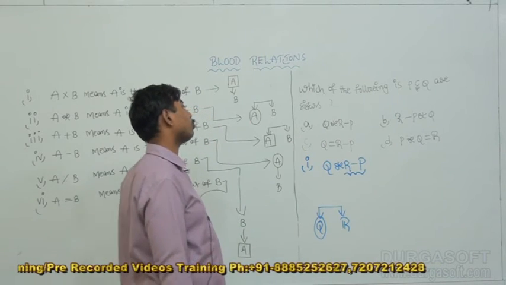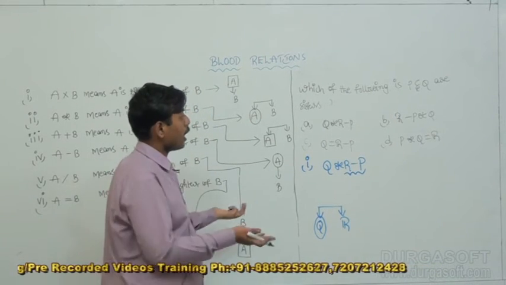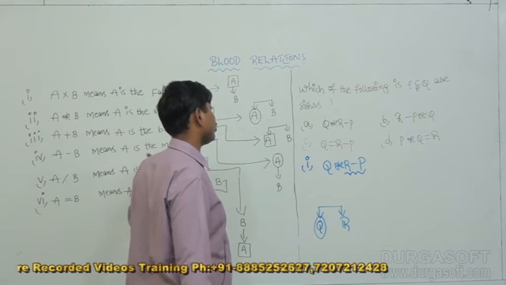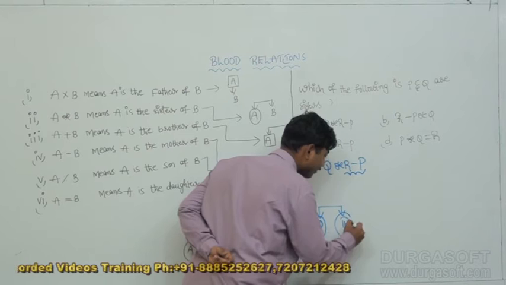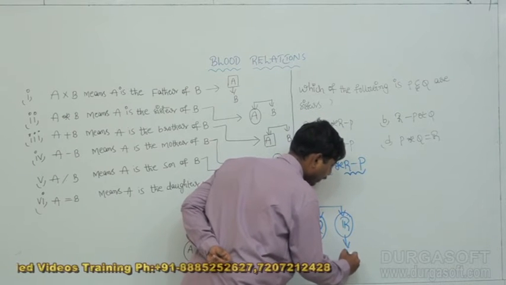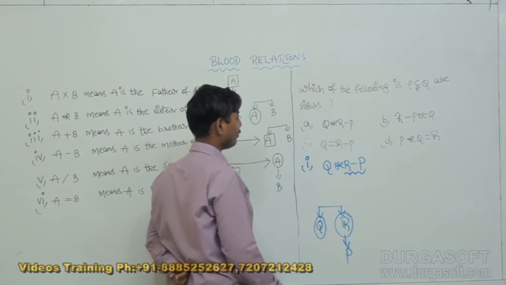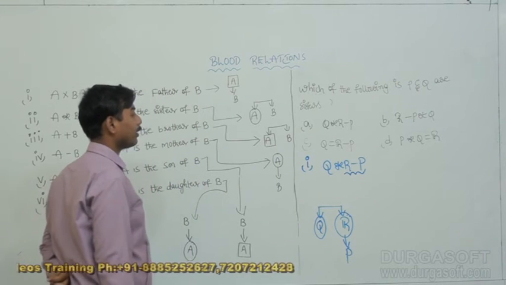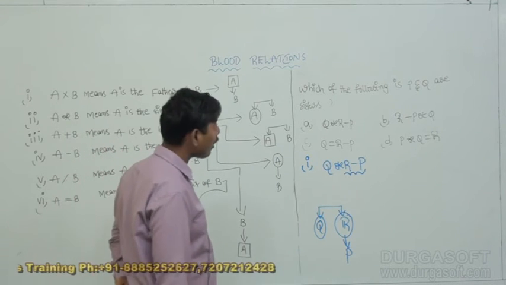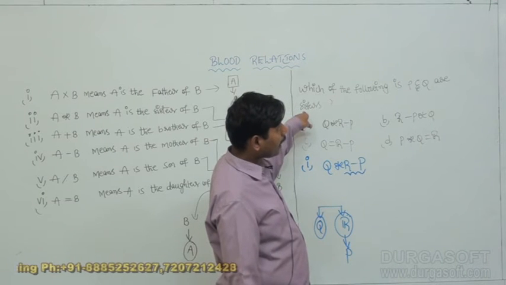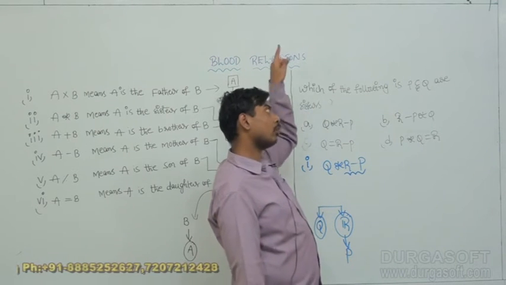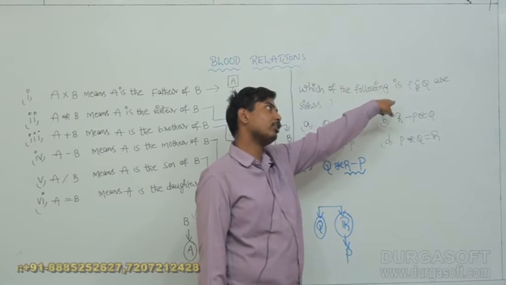A and B are in different generations, and moreover A's gender is female. Like that only, R minus P means R is the mother of P. Is it satisfying our condition? No. Why? Because P and Q are sisters, which means the two people should be in the same generation.